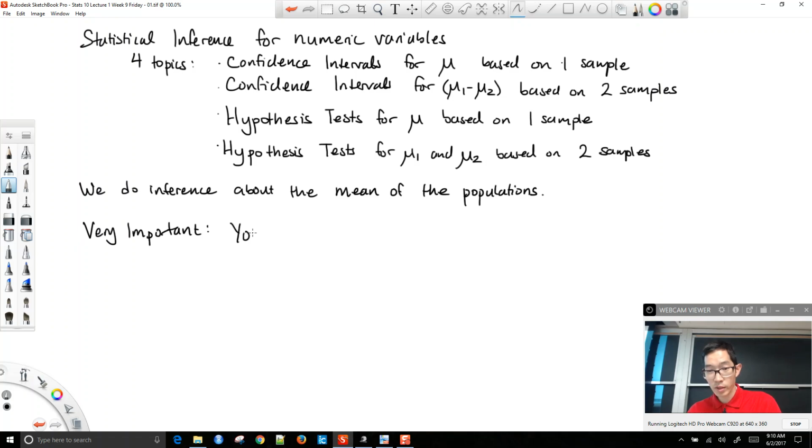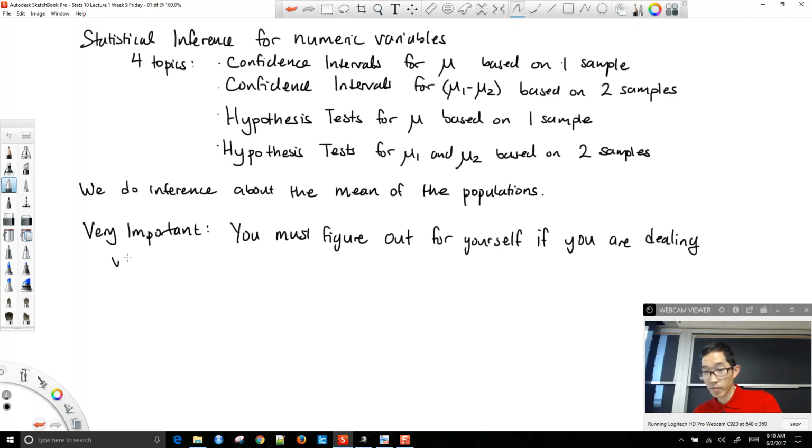You must figure out for yourself if you are dealing with a categorical or numeric variable.